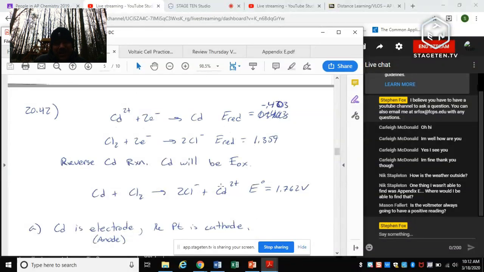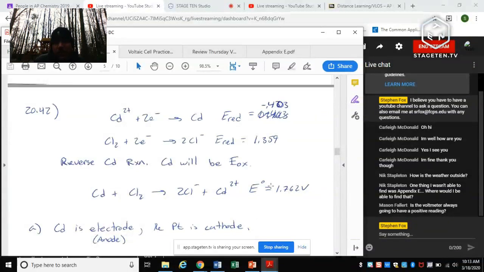Now, it doesn't mean to say that the reverse reaction can't happen. So cadmium 2 plus could be reduced by chloride, and chloride could be oxidized by cadmium 2 plus, but you would have to supply that much voltage at least to cause the reverse reaction to happen.